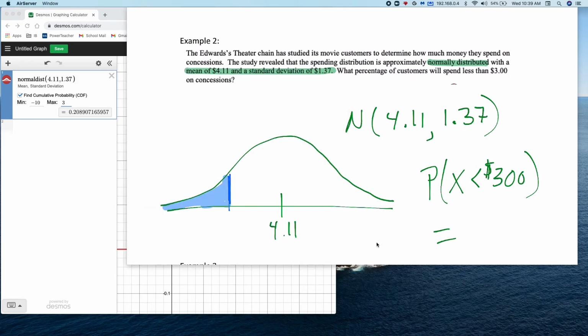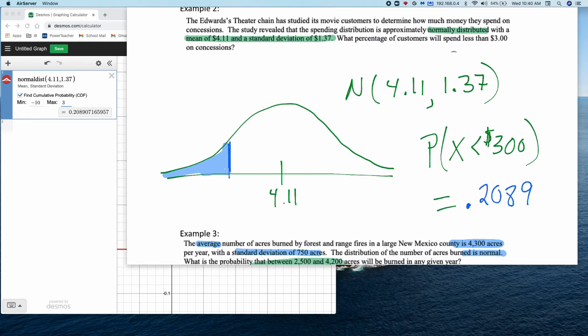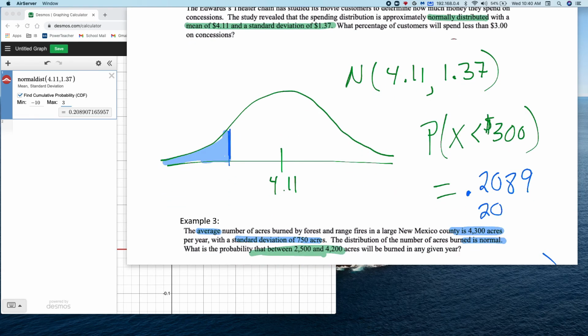So what do we get for an answer? Let me erase that, get rid of my highlighter, and go blue on that again. So we get 0.2089, or roughly 20.89% will spend less than $3.